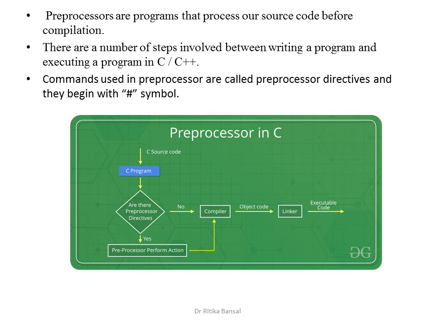If yes, preprocessors will execute, otherwise it will go directly to the compiler. Here it always goes via the preprocessor step, because we have always included hash include stdio, hash include conio. Then compiler, object code, linker, and so on. All further steps you know till the execution and output stage.